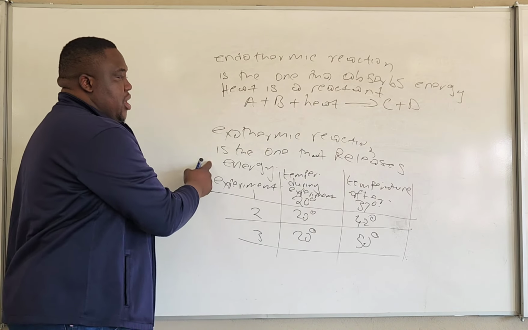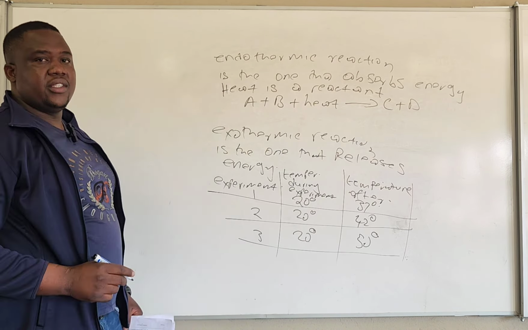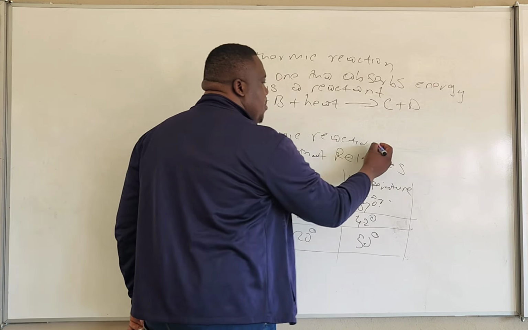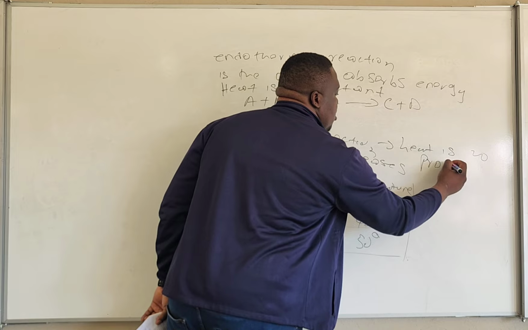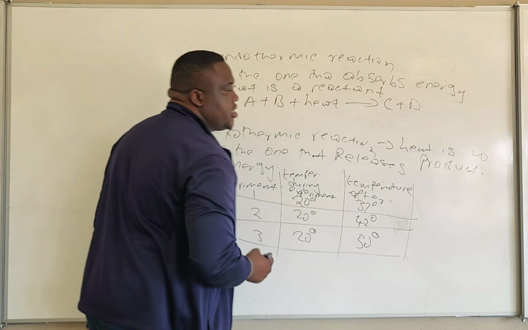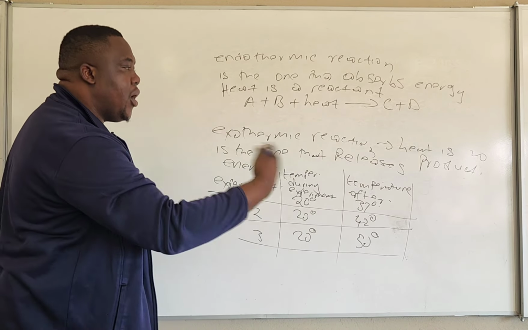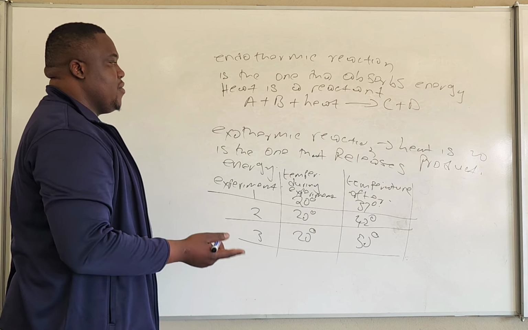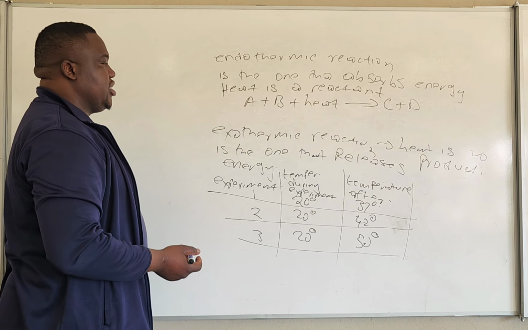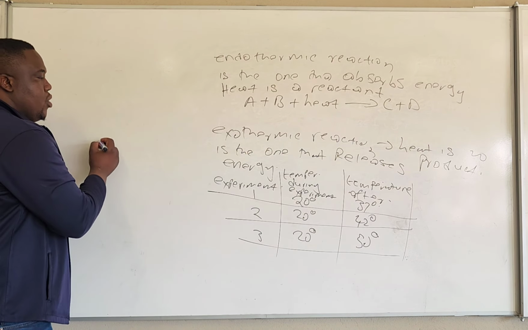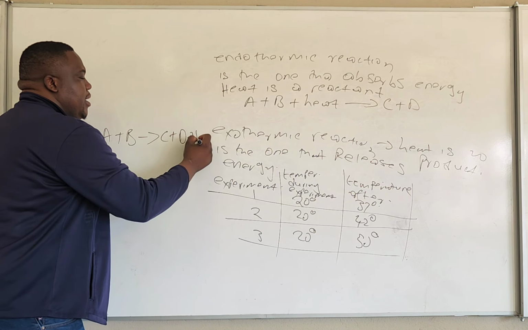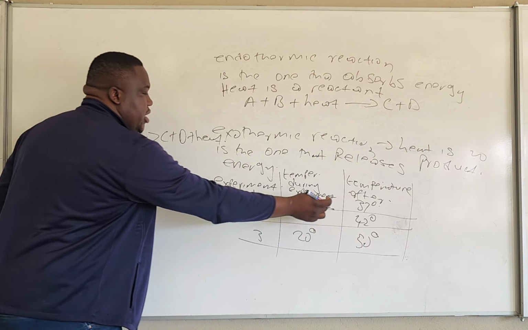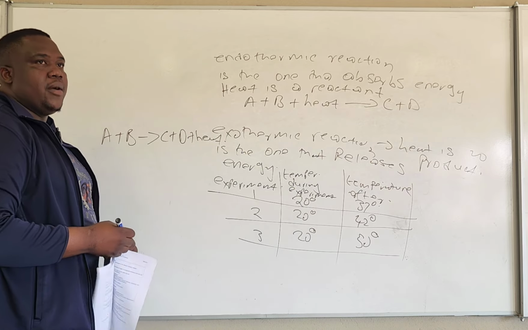But for an exothermic reaction, heat is a product. It is going to give off heat. That's why if we were to represent an exothermic reaction, we are going to have A plus B, then we produce C plus D plus heat. That's why you see an increase in temperature.